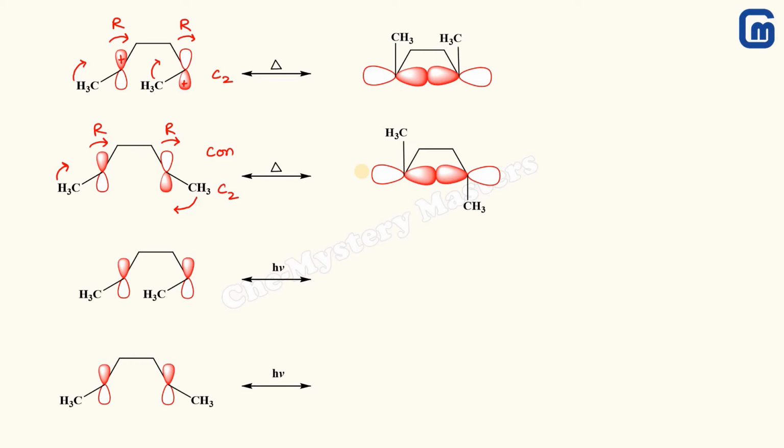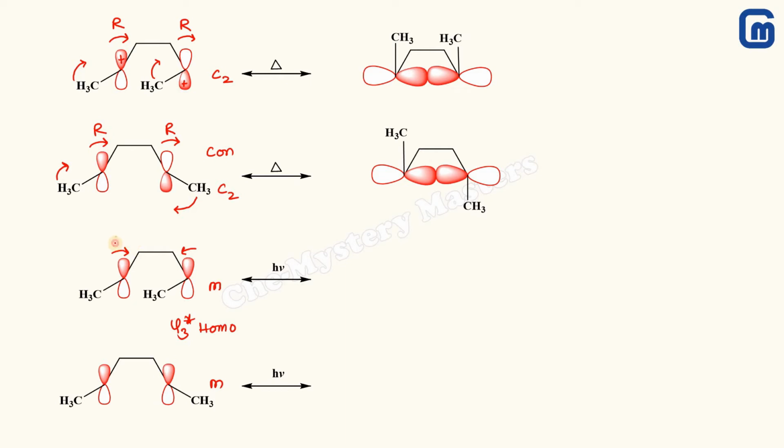Now we will see the same thing with these attachments in hν condition. We already know that in hν condition the psi3 star is our HOMO, and in that particular molecular orbital, mirror symmetry is preserved. If there is mirror symmetry, then to bring these two same type of lobes to interact with each other, we are required to move these two orbitals in disrotation or disrotatory stereochemistry.